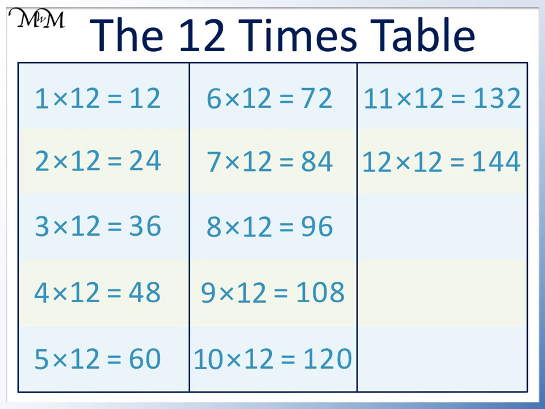We increase the tens column by 6. 2 plus 6 equals 8. 3 plus 6 equals 9. 4 plus 6 equals 10. 6 plus 6 equals 12. 7 plus 6 equals 13. And 8 plus 6 equals 14. If you wish to memorize the 12 times table, pause the video now.